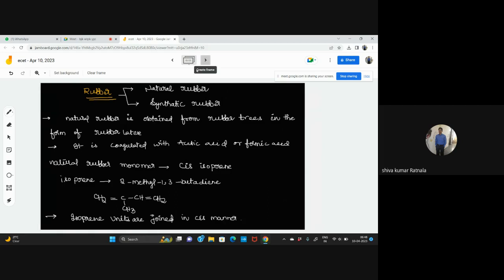And one more natural isomer is there, that is gutta percha.